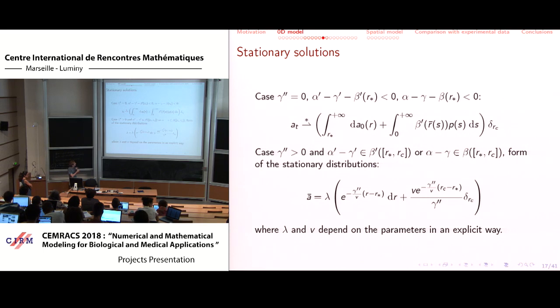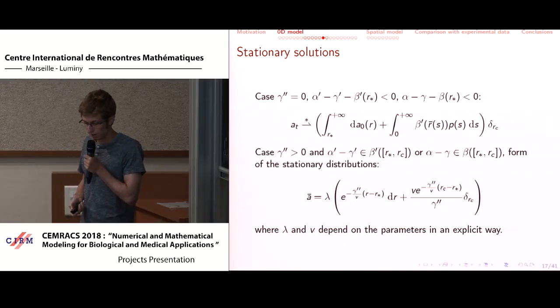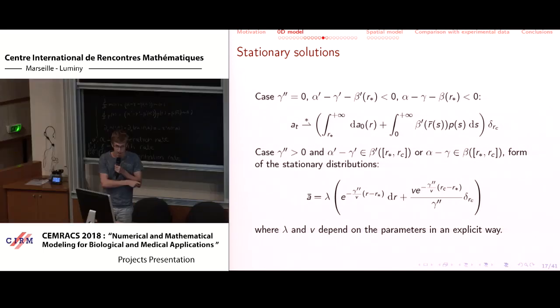And we will have that the repartition of adipocytes at time t will tend to a Dirac mass in RC. Why this case is interesting is because in the simulation that we will present later, we are almost in this case with a very small gamma second.